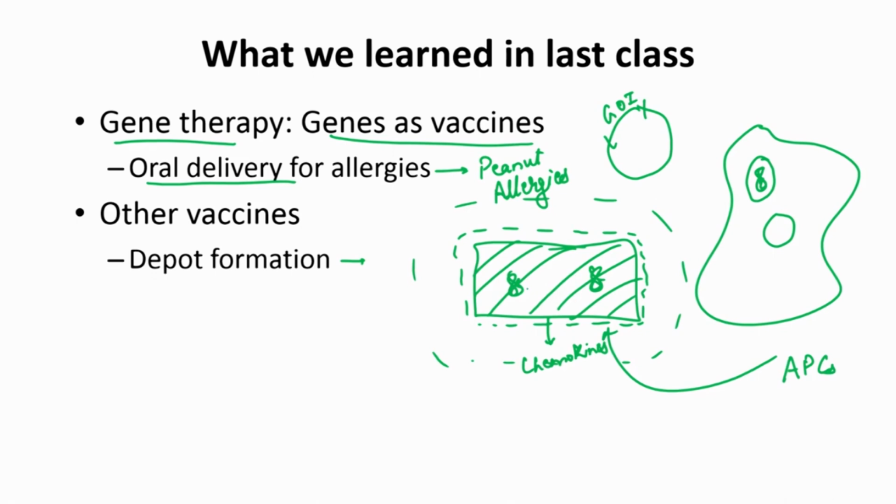And once they come in, there are also antigens that are loaded. This could be either in the same gel, the same as the chemokines are loaded, or there could be particles encapsulating your antigens, and then these APCs are going to come and take up your antigens, which will then cause enhancement of signal as well as whatever response they need to activate.